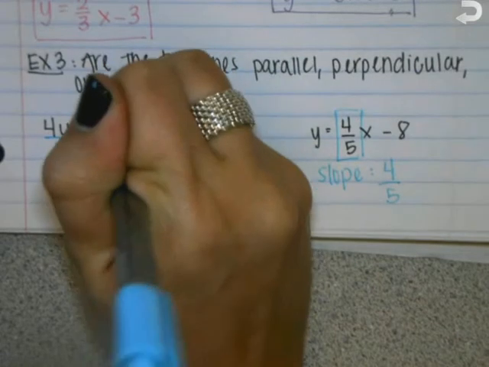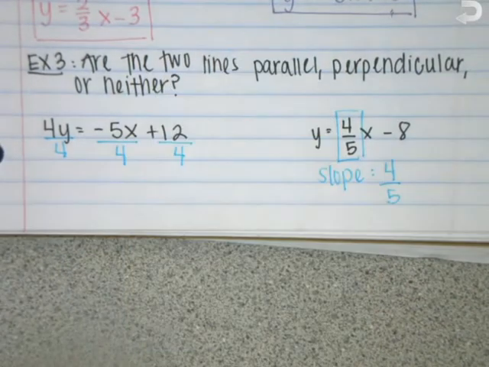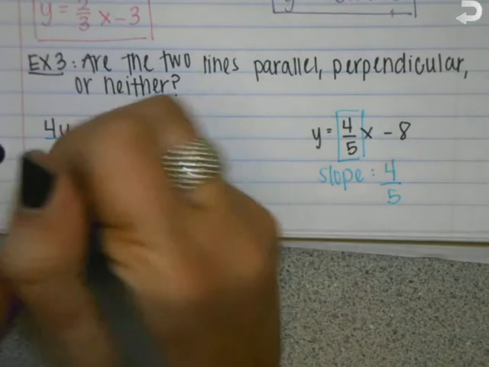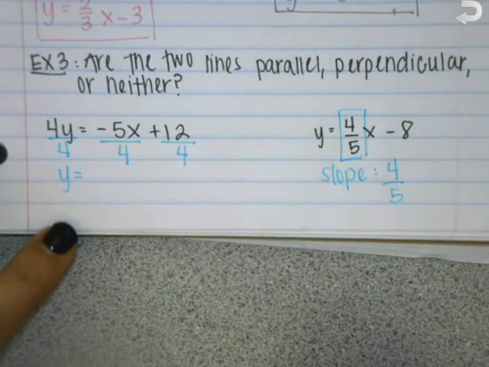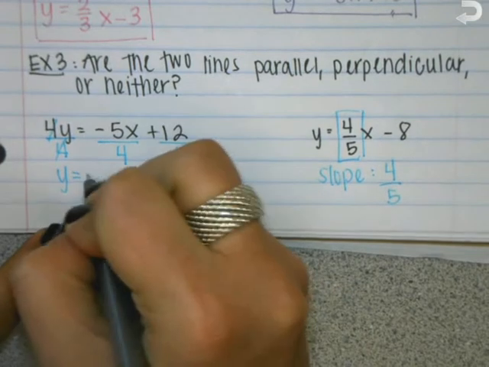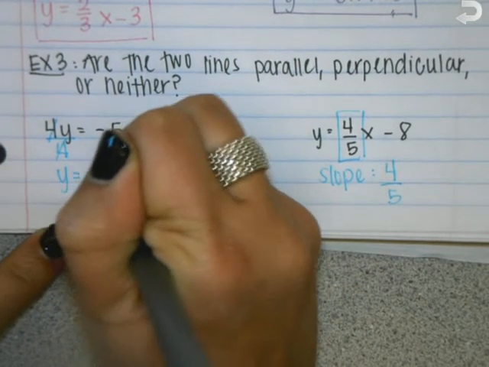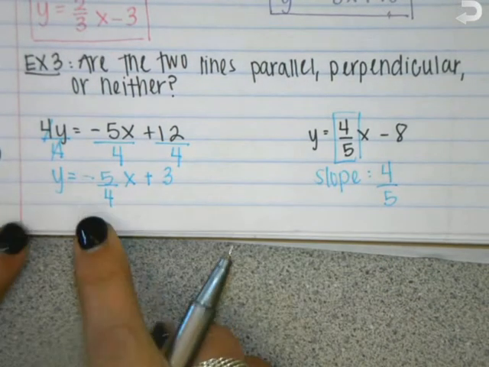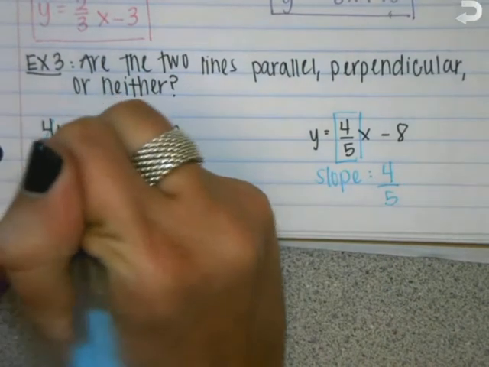So this is divided by 4, and that is divided by 4. Okay? Watch. That gives me y equals, because that reduces, negative 5 over 4x plus what? 3. Plus 3. And what's the slope of equation 1? Negative 5 over 4.